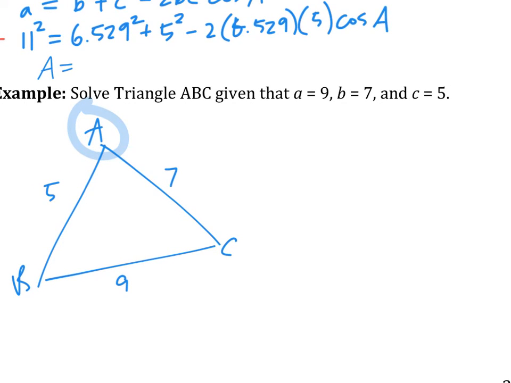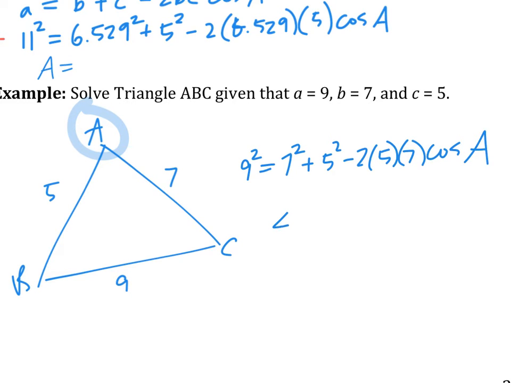That's 9. So 9 squared is equal to 7 squared plus 5 squared minus 2 times the two sides, and then cosine of the angle in between, which is A. That's the one that we want to find. Okay, so go ahead and figure out angle A, and then after that, B and C.